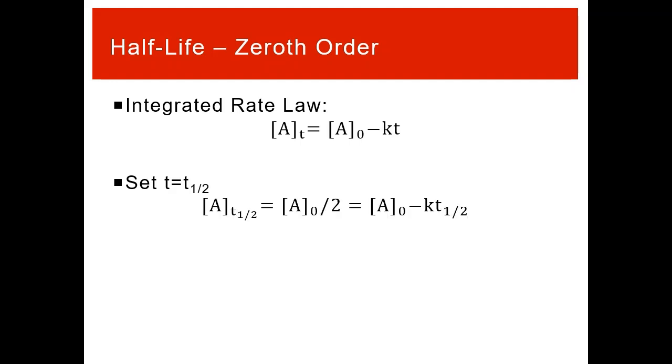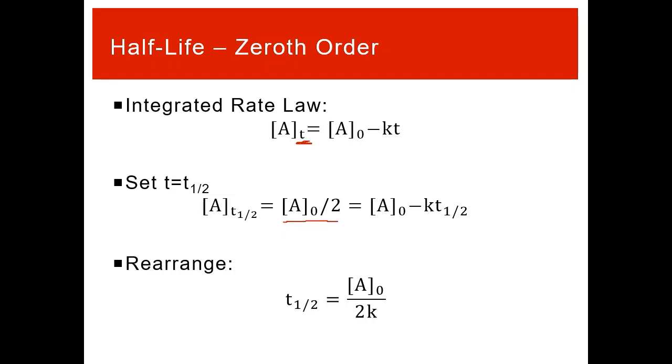If we set t equals t1/2, we can define the amount there at the half-life based off the initial amount. With some algebra, we end up with the half-life equal to the initial amount divided by 2k.